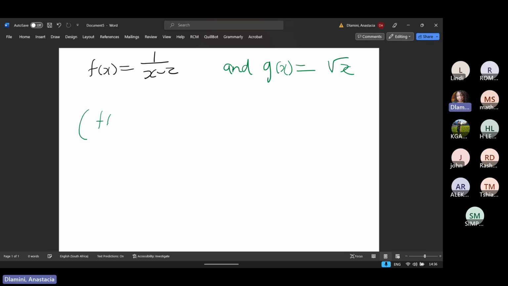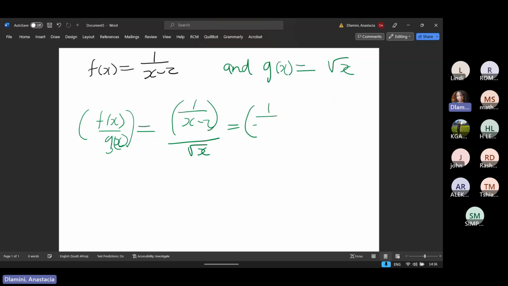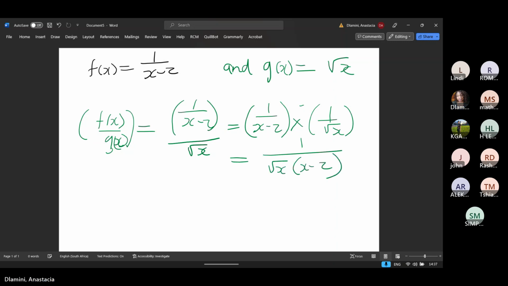They want me to find f of x over g of x. So I'm sure you can do that. So that is 1 over x minus 2, over square root of x. You can simplify it and say 1 over x minus 2 times 1 over root of x, which is equal to 1 over root of x times x minus 2.